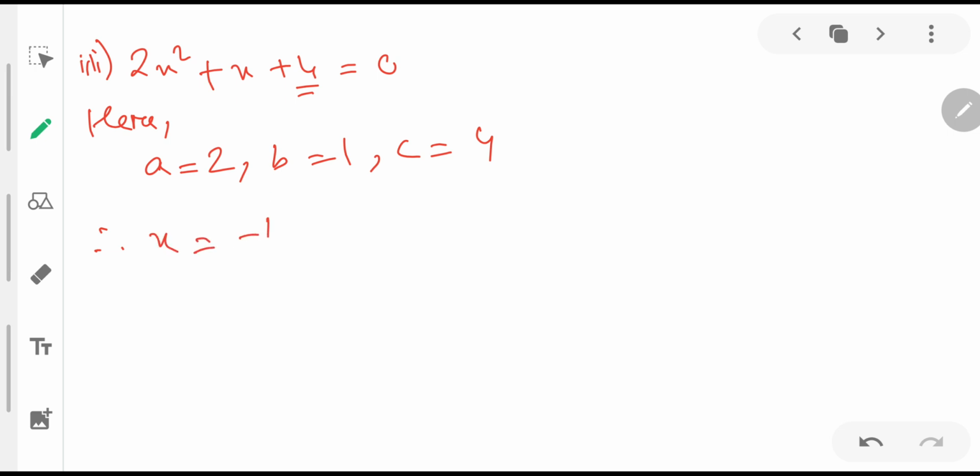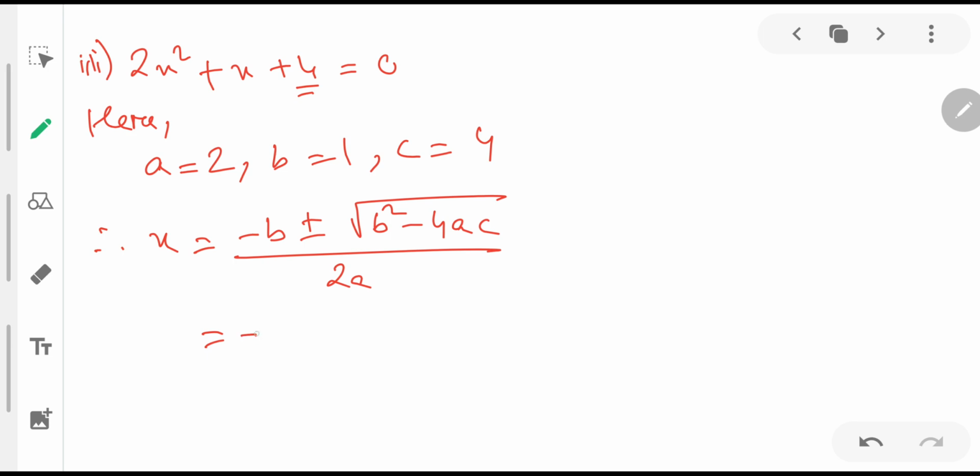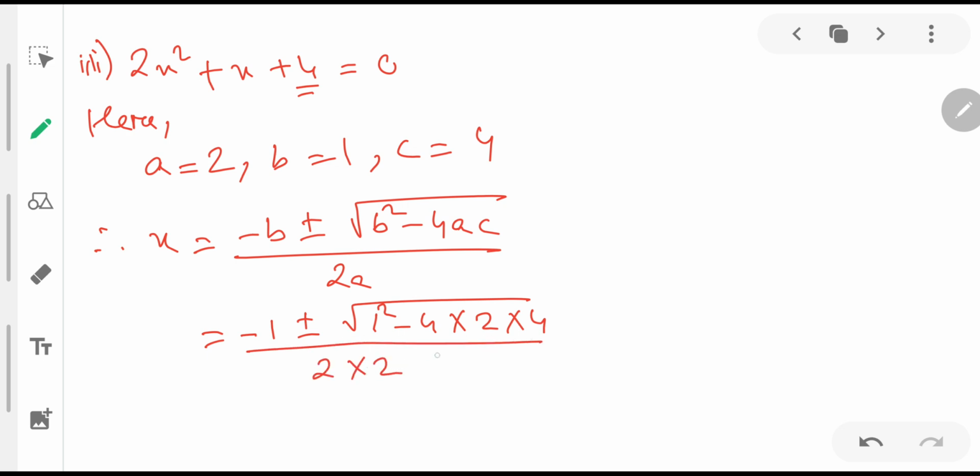X equals minus b plus minus root over b square minus 4ac divided by twice a. So, minus b is 1, plus minus root over b square means 1 square minus 4 into a into c, where a is 2 and c is 4, by twice a, which means 2 into 2.